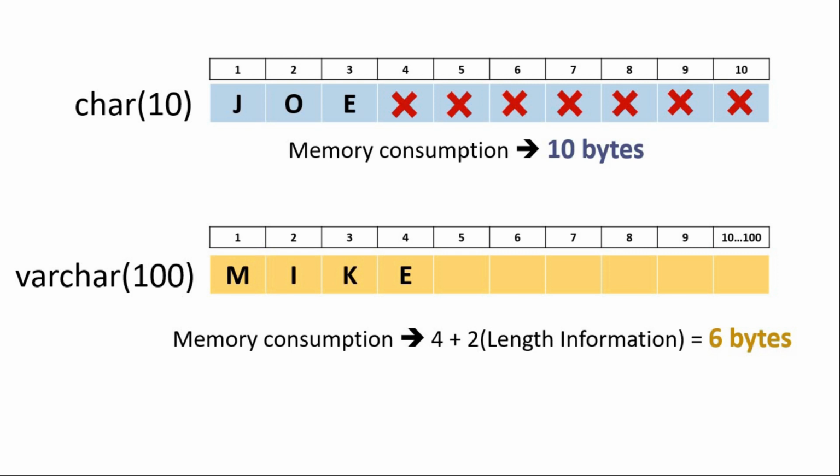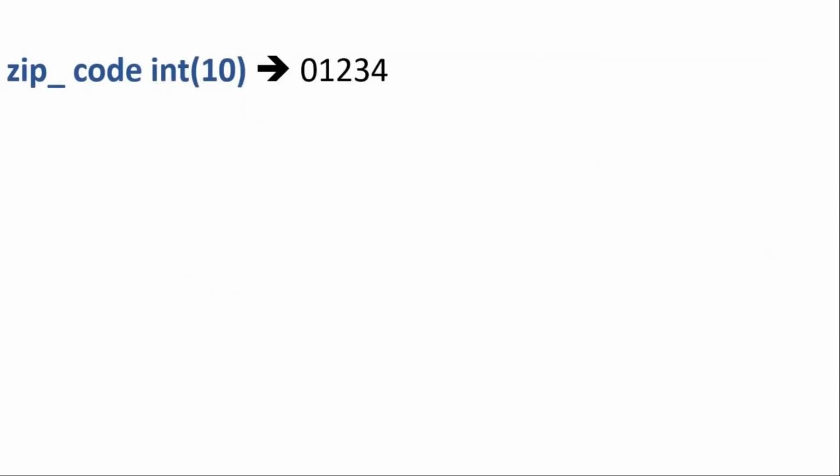So guys, if your string is of variable length like name, department, phone number, then you should go for varchar for better performance. And guys, one very important point about these data types is that sometimes you will see that we store numbers in a varchar data type. For example, phone numbers and zip codes should be stored in numeric fields, after all, they only store numeric data, but doing so would not be advisable.